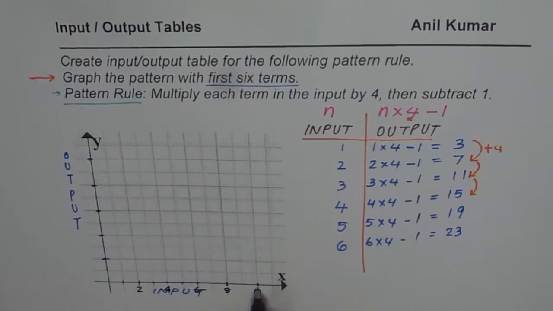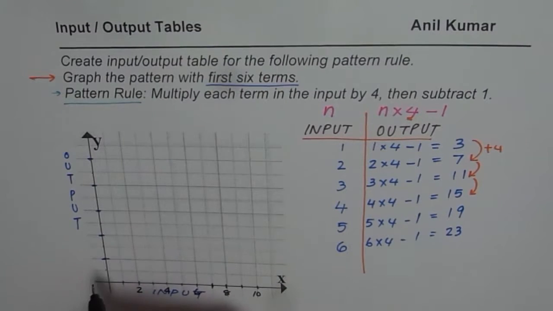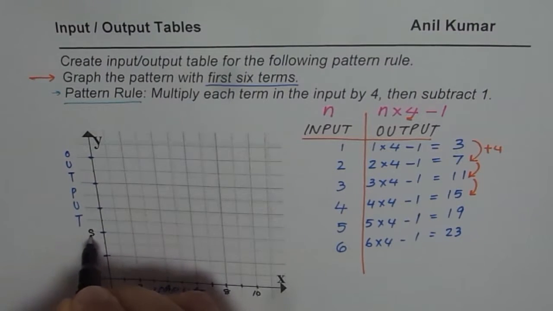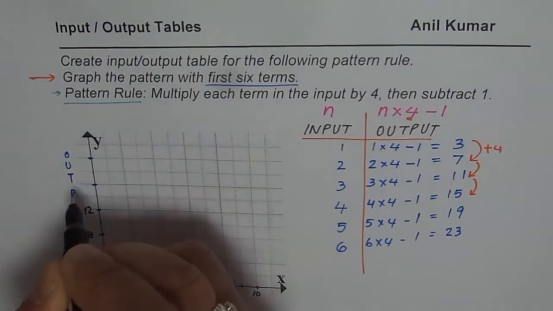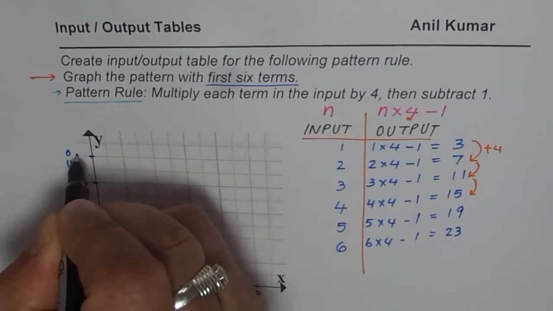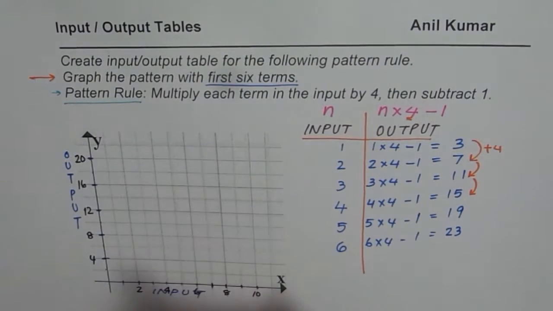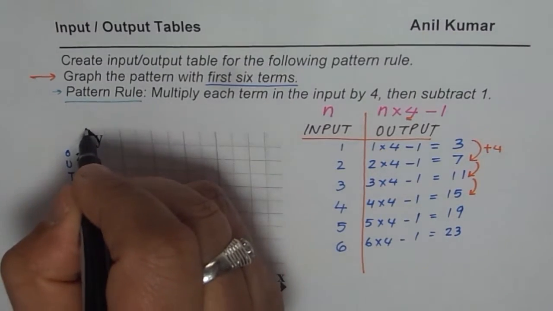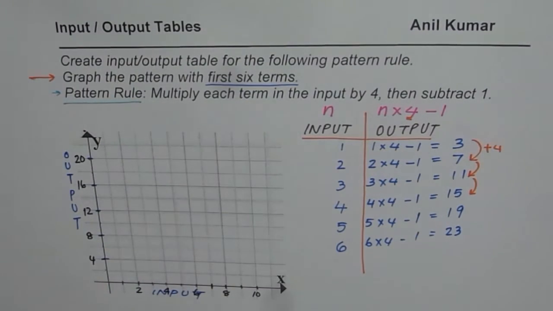Each square here is 1 unit along the x-axis. However, on the y-axis it is 2 units. We'll write 4, 8, 12, 16, 20, and somewhere there will be 24 for us.